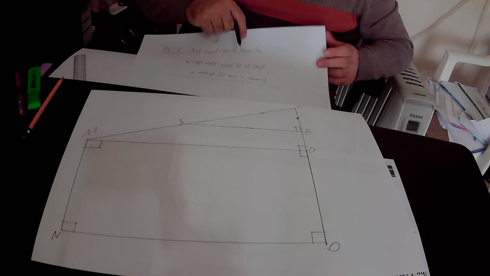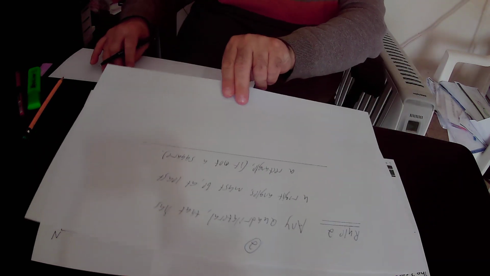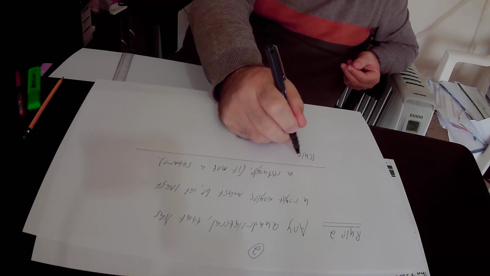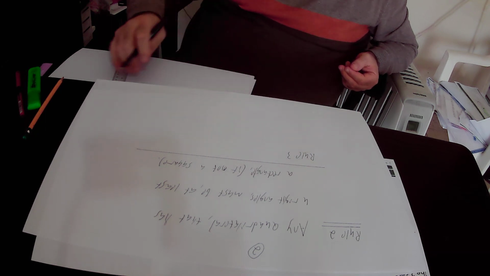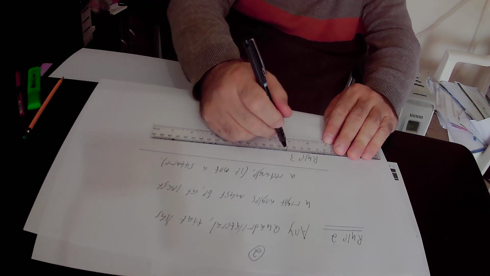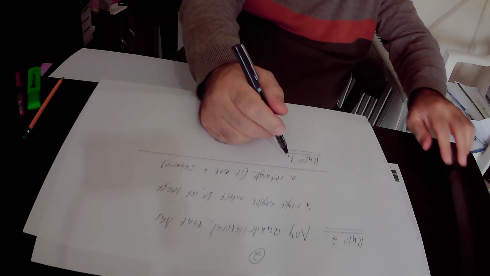And we have also rule number 3. Rule number 3 states that the opposite sides of a rectangle are equal to each other.